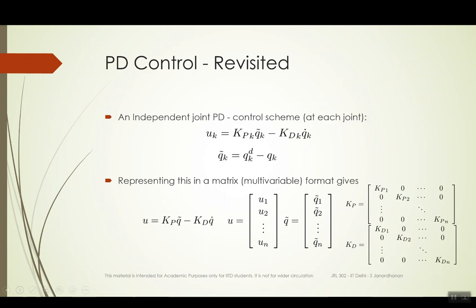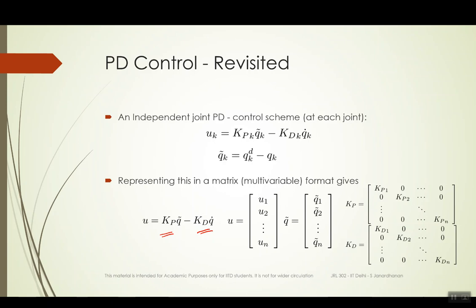Now in the multivariable case, we are using the same concept. However, you have this Kp and Kd as n cross n matrices, where these Kp and Kd matrices are diagonal. So it basically is the same format of a control.